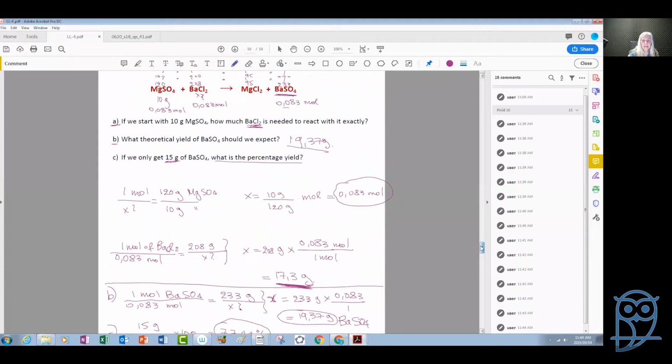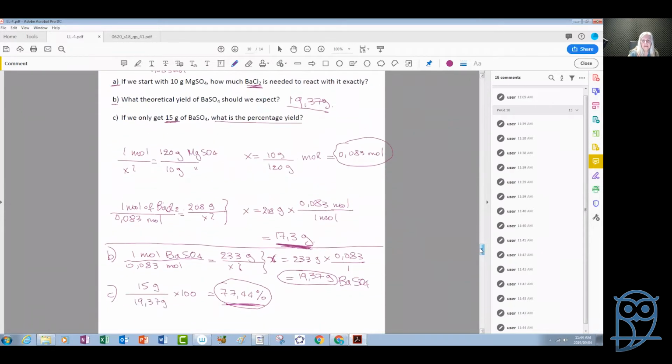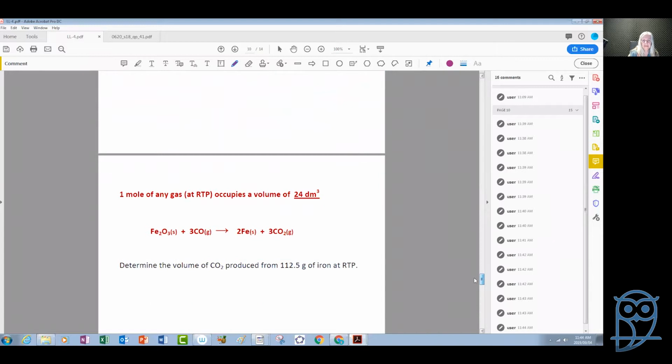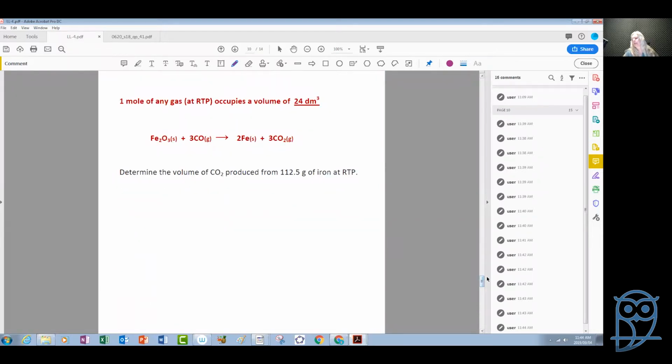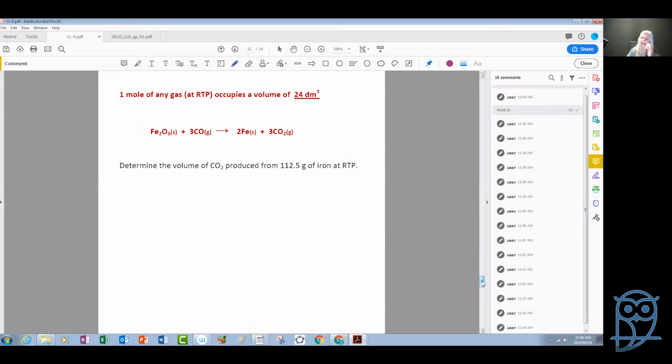Now, another thing that we need to discuss is what if one of the products is a gas? When we have a gas involved in our reaction, like for example in this reaction where an iron oxide reacts with carbon monoxide and the result is iron and carbon dioxide, we see there are some gases involved.